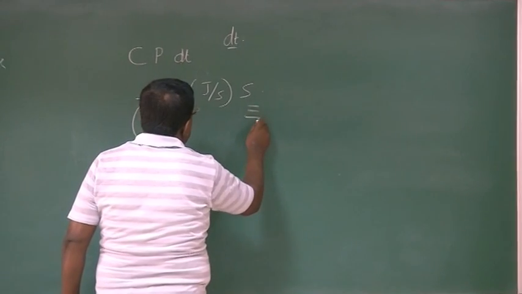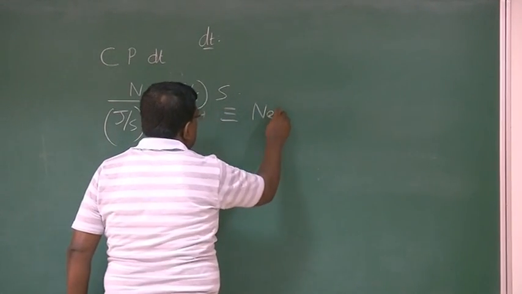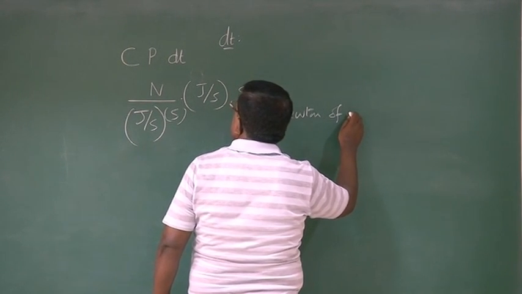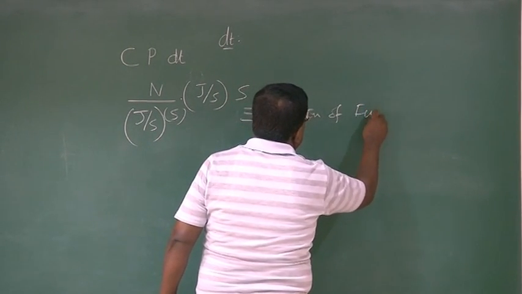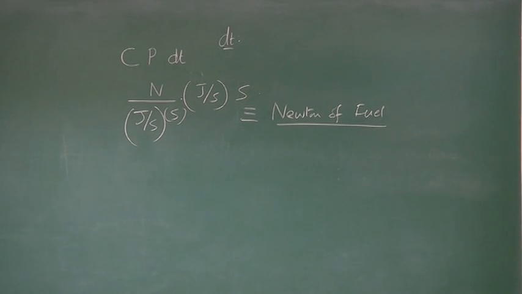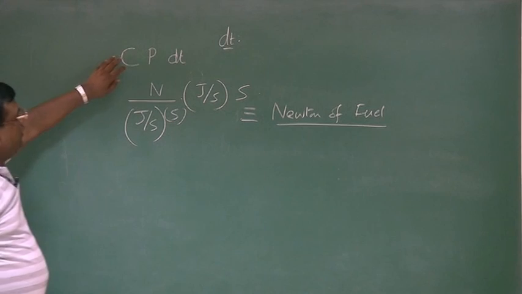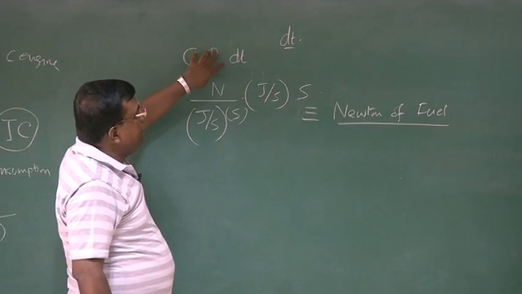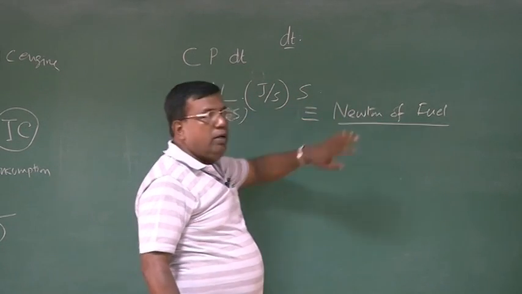So you get dimensionally Newton of fuel. So I know now, if I multiply C into power into dt, then I get Newton of fuel.